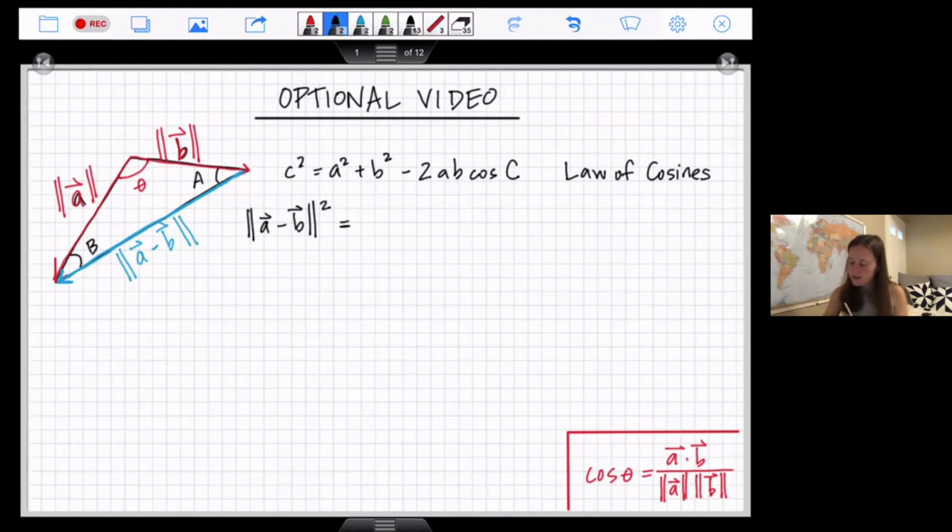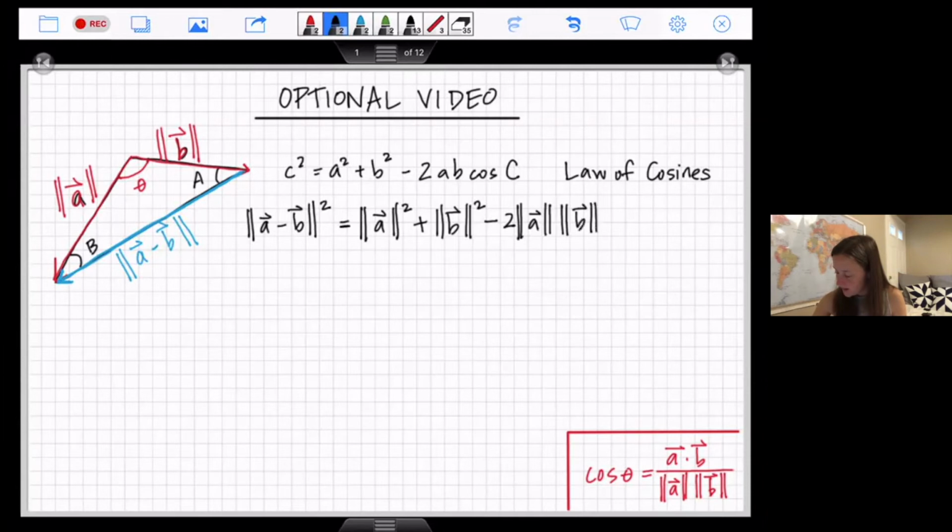And then side length a squared is going to be the magnitude of vector A squared, plus the magnitude of B squared, minus 2 times the magnitude of A, the magnitude of B, and then cosine, and we rewrote that angle C as the theta that we wanted in our formula. You can see a little bit of the formula down in the bottom right starting to show up, but not a whole lot.